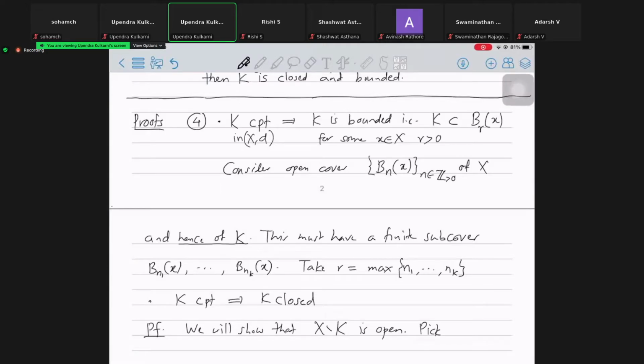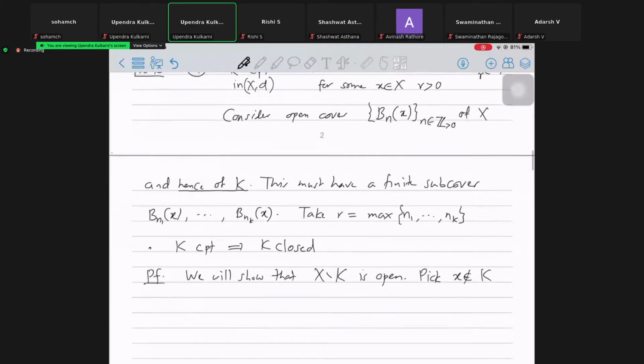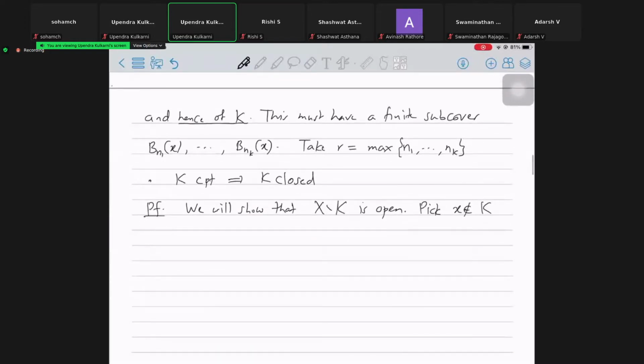So let's do this point by point. Let us pick some X in this set, which just means that it is not in K. Let's draw a little picture. Let us say this set here is K, and I have some point X here.